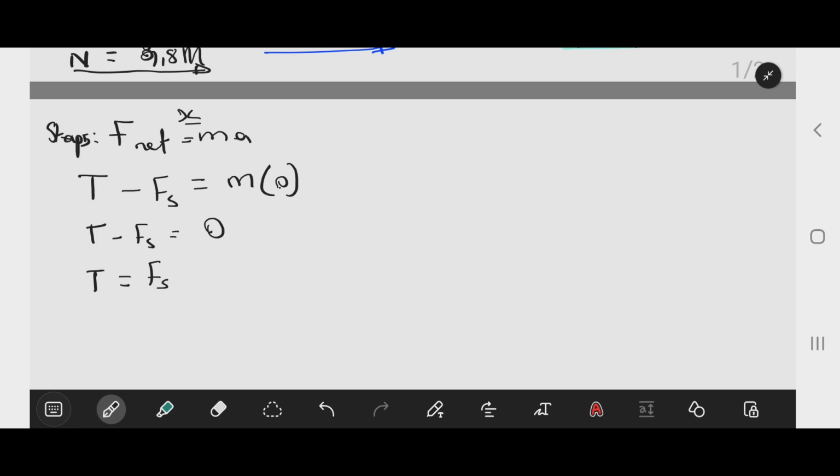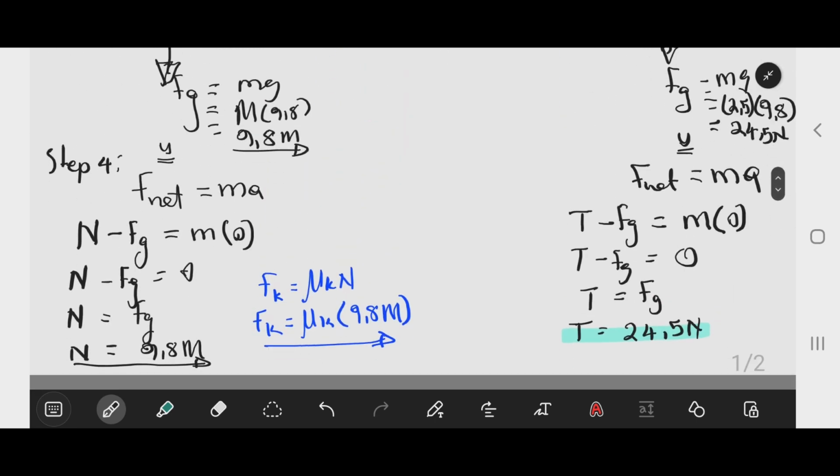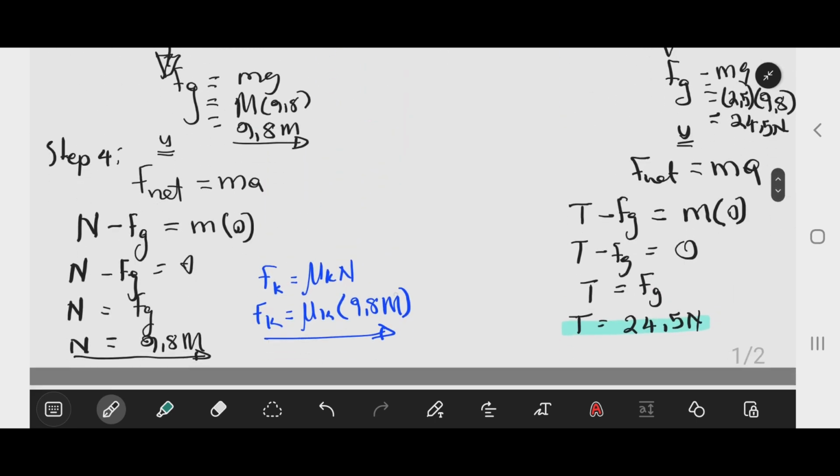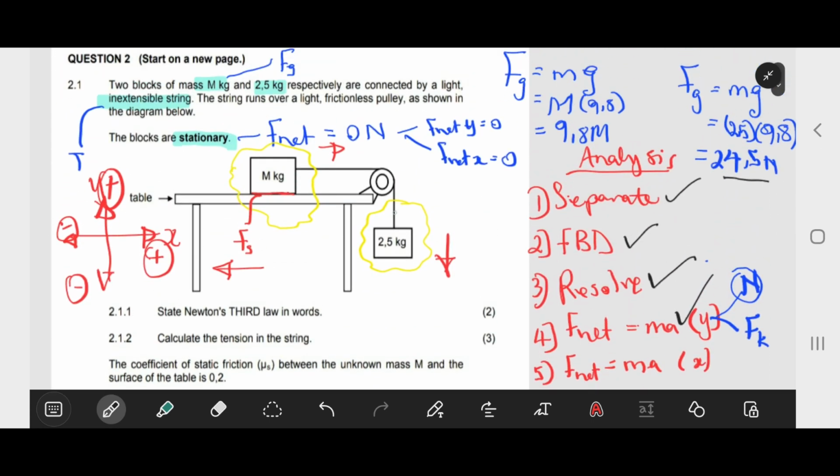But remember, we have already obtained tension in the Fnet in the y direction, to be 24.5, right? And remember, the tension acting on this rope is the same everywhere.